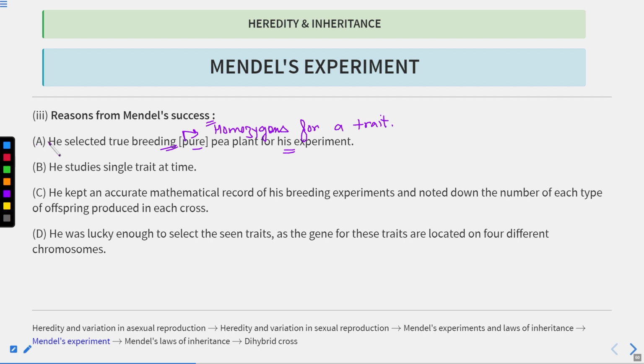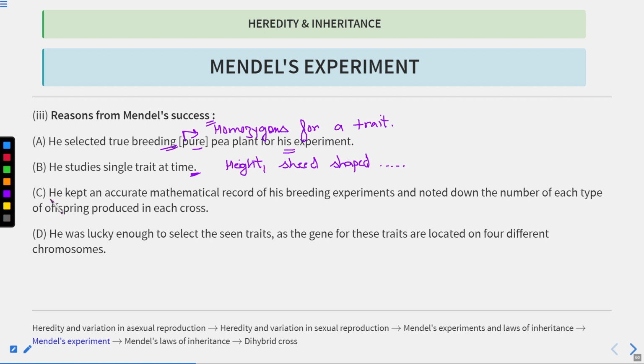Next, he studied a single trait at a time. That was also a reason for Mendel's success. He studied the height first, then the seed shape, then the flower color, and so on.